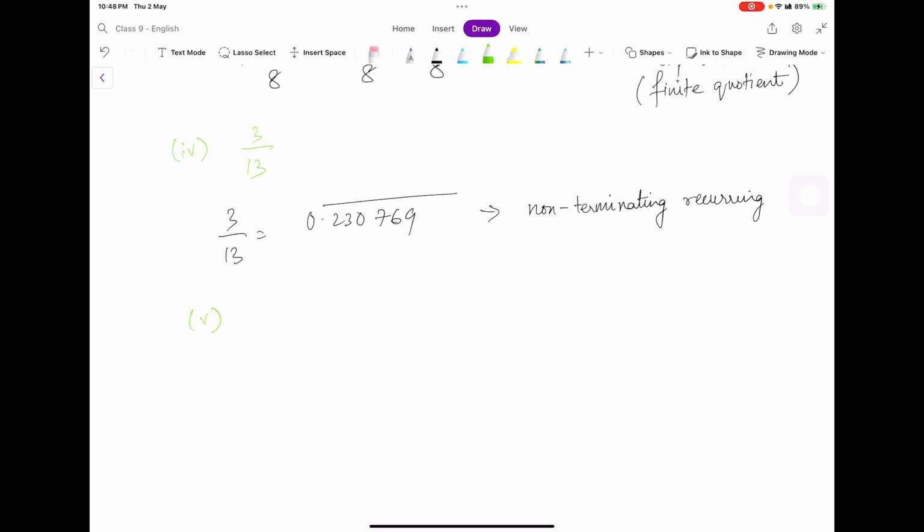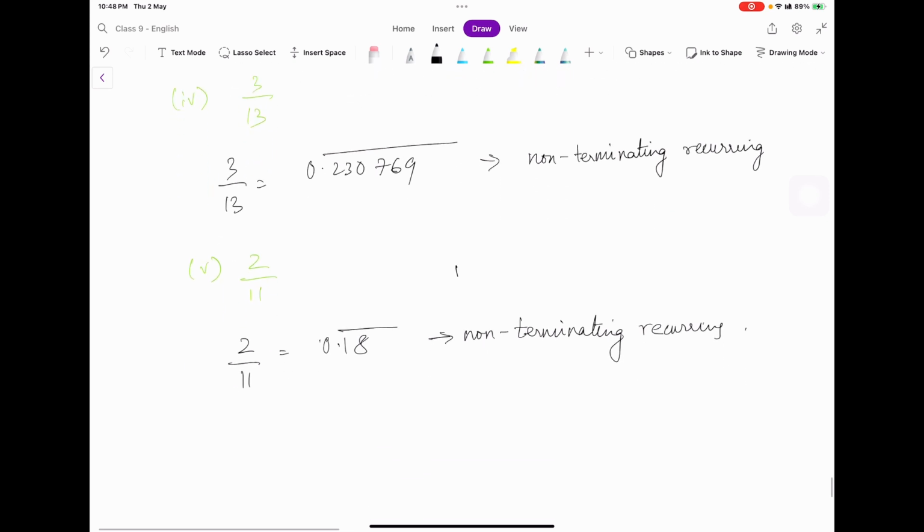Then the fifth question is 2 by 11. Same thing, 2 by 11. The repeating part is 0.18. It is non-terminating recurring. See, 1 by 11 we had already found as 0.09.